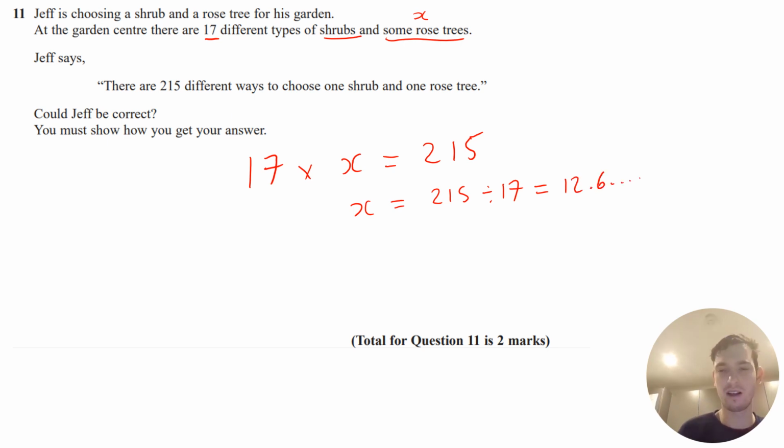So you don't get a whole number. So we can't have 12.6 rose trees. It has to be a whole number. So I'm going to say no, since 12.6 is not a whole number. And that's it. Let's keep going.